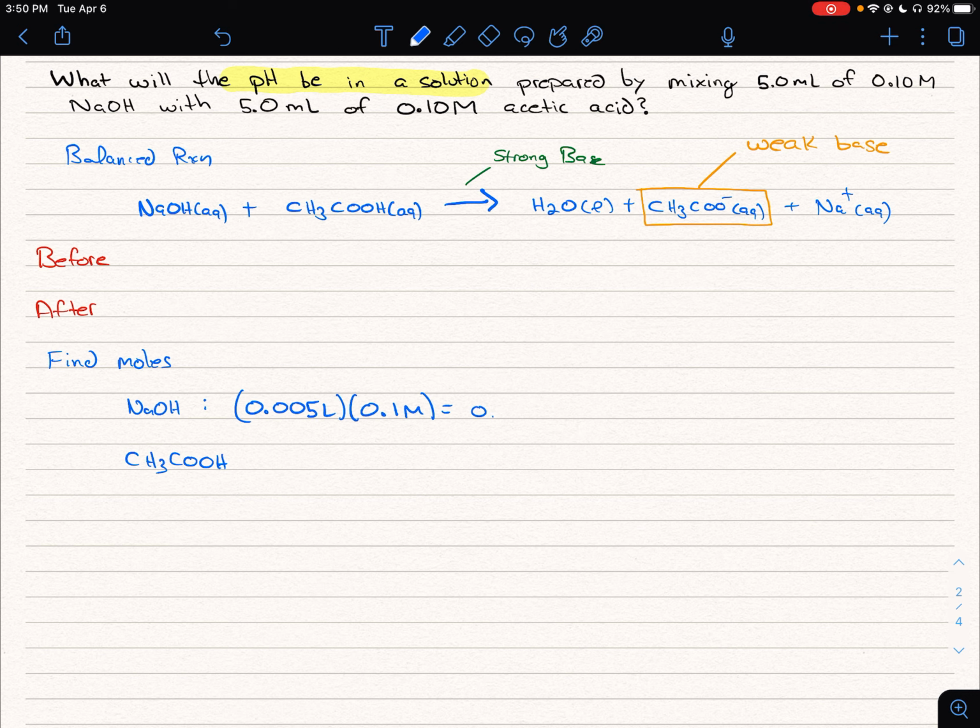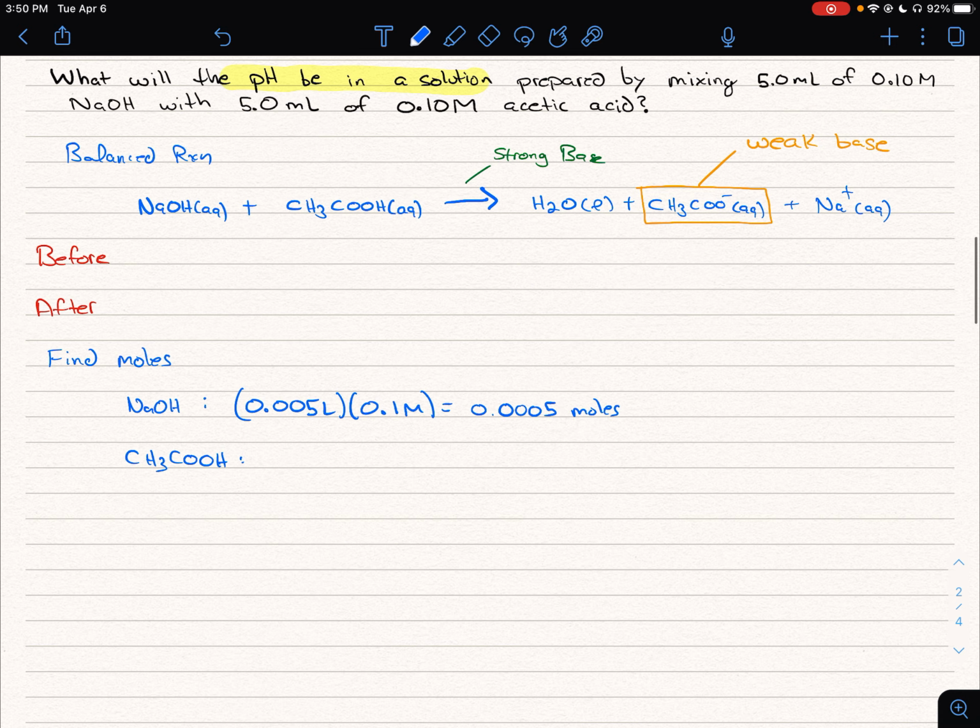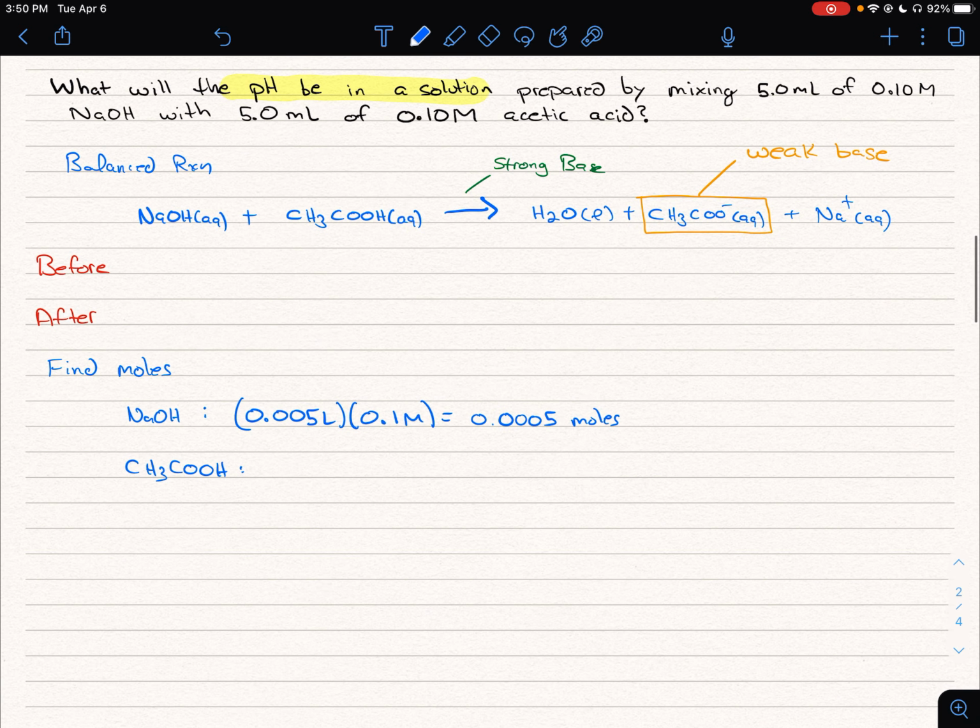And so we get 0.0005 moles. And we'll notice acetic acid is going to be the same thing because we have the same concentration and same volume. So acetic acid, we're also going to end up with 0.0005 moles. So before the reaction takes place, we have 0.0005 moles and 0.0005 moles. So 1 to 1 mole ratio, they're the same amount of moles.